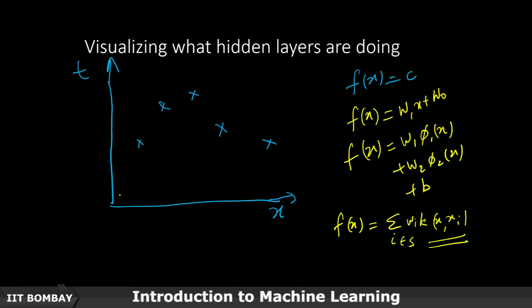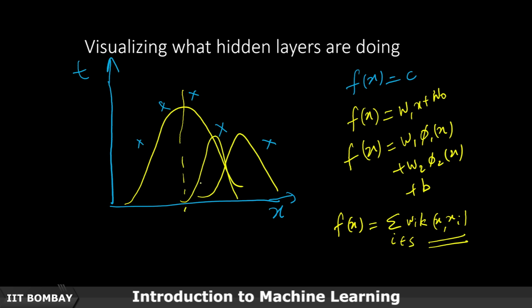So let's take a basis function. I can have one that is here and one that is here, so this may not even be at a training point, and I can add finer and finer numbers of basis functions, and stitch them all together with appropriate weights by bumping them up or down, and then I can have a very good approximation of the function that I am trying to model.